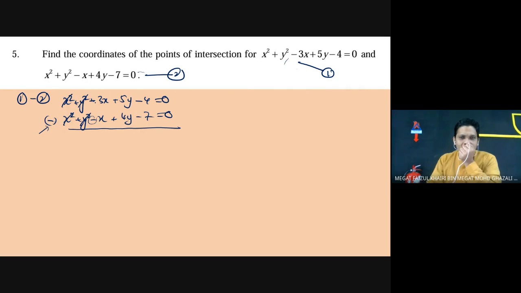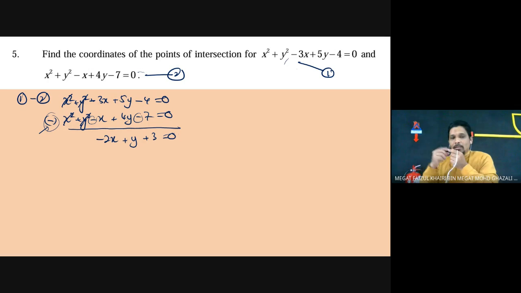So then negative 3x plus x, negative 2x. 5y minus 4y. 5 minus 4 equal to 1, y. Negative times negative, positive. So negative 4 plus 7 plus 3 equal to 0.